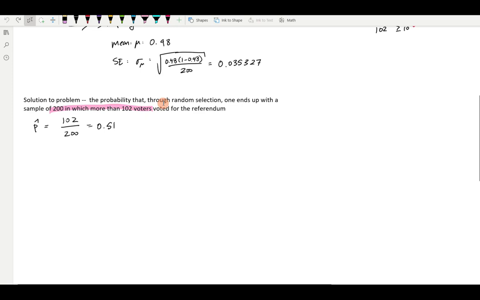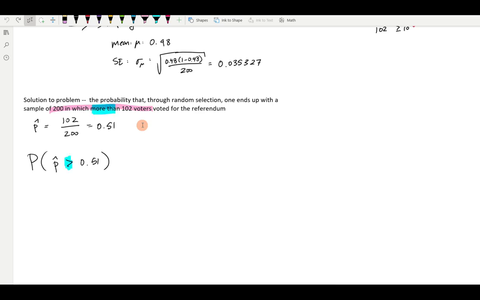And so what we are being asked for is the probability that we would have gotten any sort of sample statistic in which more than 102 voters voted for the referendum. That means the sample proportion should be more than 0.51. I'm writing greater than because it says specifically more than.